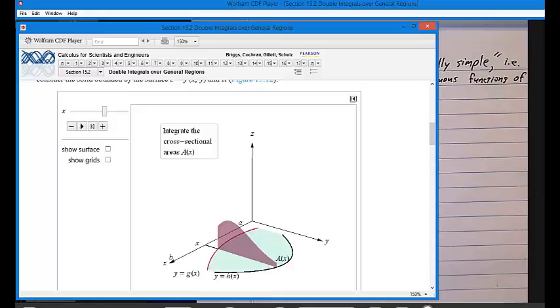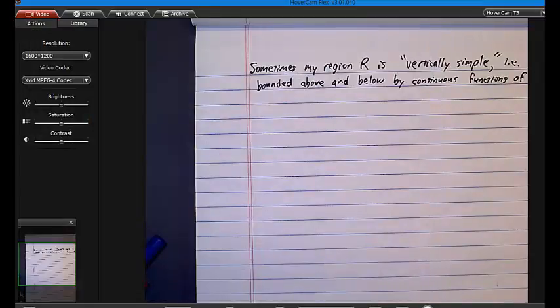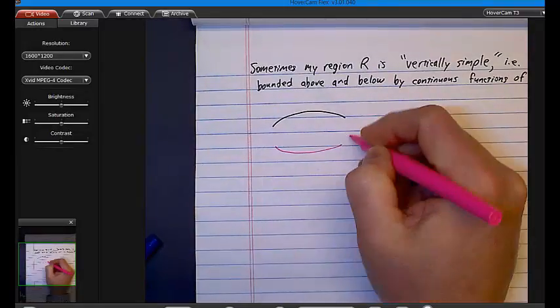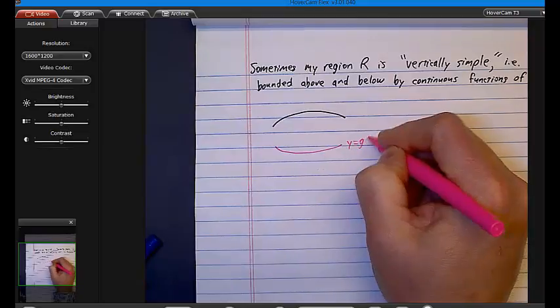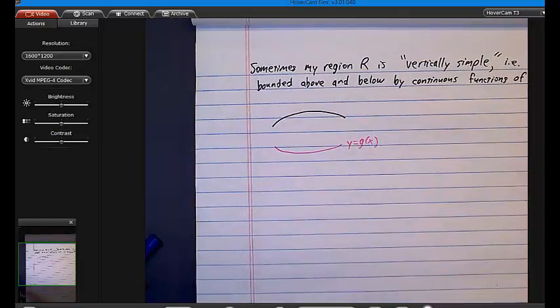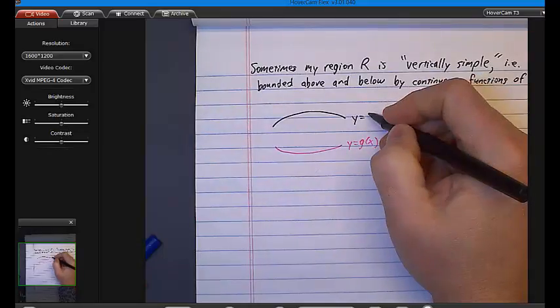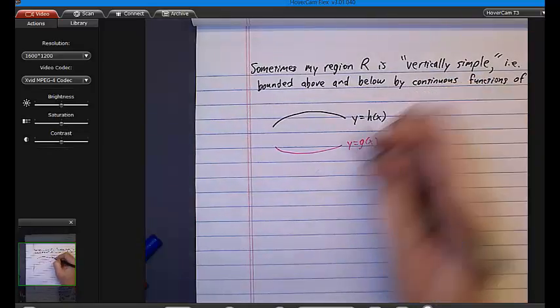You have h of x in black and g of x was in red. I'll draw it in pink. So here's y equals g of x, and here's y equals h of x.